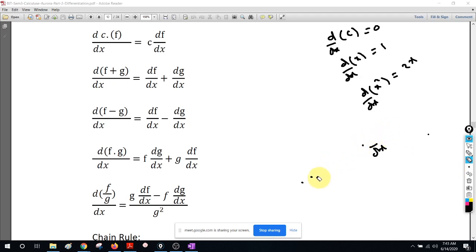I am using only these three derivatives that we proved, so we are not taking anything for granted. We proved these three by definition, and we are using these three. Now we are doing some complex things, finding the derivative of a complex thing.